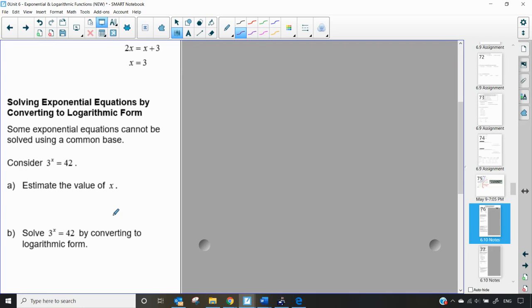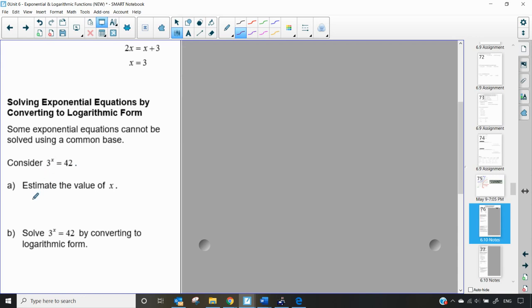Later on, after we did that, we looked at solving equations by converting into logarithmic form. So if we had 3 to the x equals 42, we can rewrite this in log form and solve. Now, the reason we have to do that is because we can't write 42 as base 3, but we can still estimate what that value is going to be.